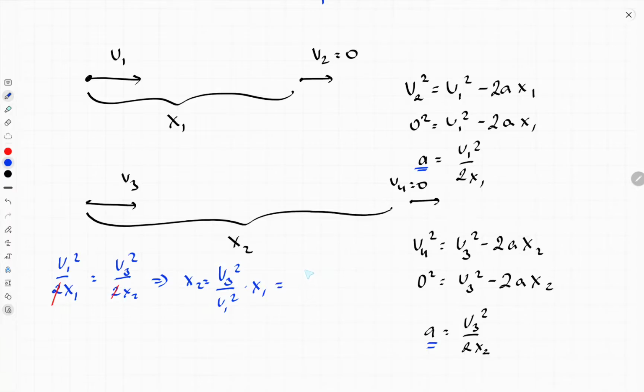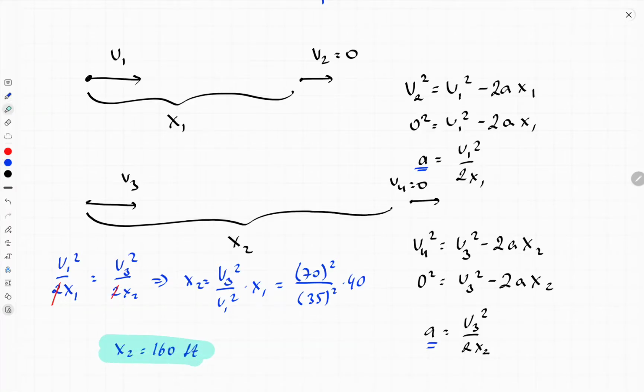So v3 is here 70 miles per hour, v1 is 35, times x1, which is 40. So x2 will be equal to, it's just a simple calculation, 70 square over 35 square, which is 4, times 40, which is 160 ft.